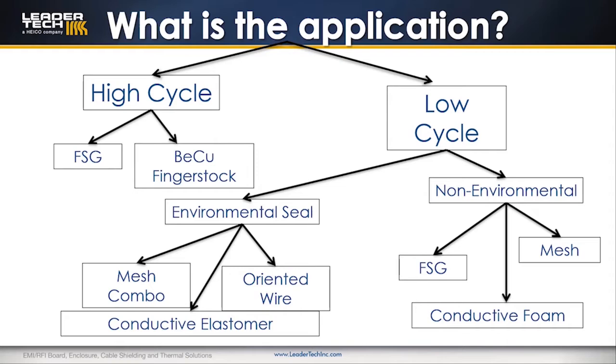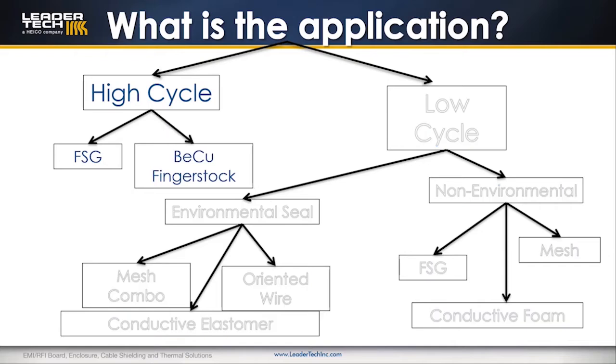For low cycle and non-environmental needs, the FSG fabric shielding gasket, knitted wire mesh, and conductive foam products work. For the next few slides, I will focus on the two high cycle enclosure shielding products: fabric shielding gaskets and beryllium copper fingerstock.